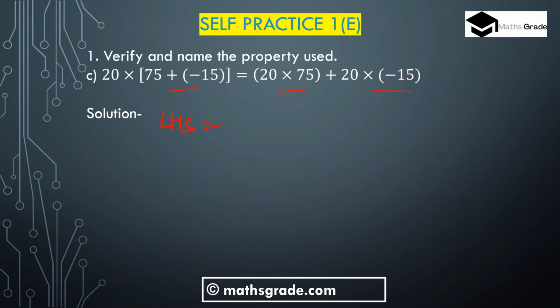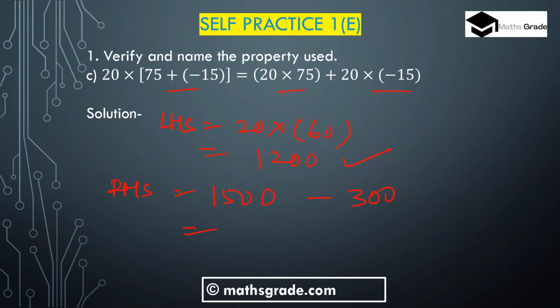So 20 multiplied with 75 plus minus 15 and 75 plus minus 15 is 60 and 20 multiplied with 60 is 1200. 2 6 are 12 and there are 2 zeros, so 1200. Now right hand side is 20 multiplied with 75 and 2 multiplied with 75 is 150 and 1 0, so 1500 minus 20 multiplied with 15, plus multiplied with minus is minus, and 20 multiplied with 15 is 300.